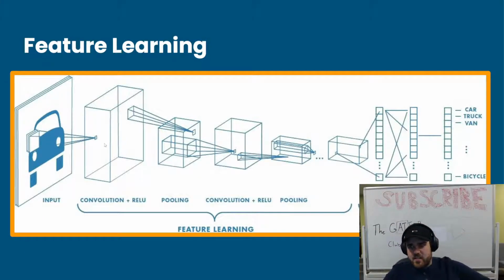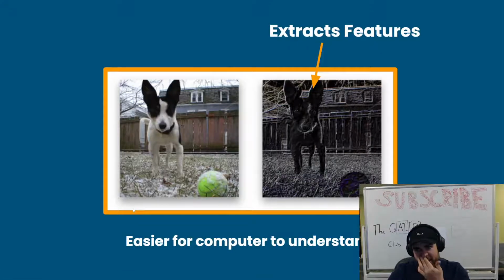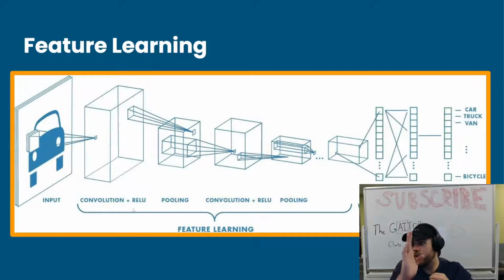The difference here is that before, our convolutions were defined by us, if we wanted all the vertical differences versus all the horizontal differences. But in feature learning, the neural network itself determines what convolutions you are using, which is really, really useful.